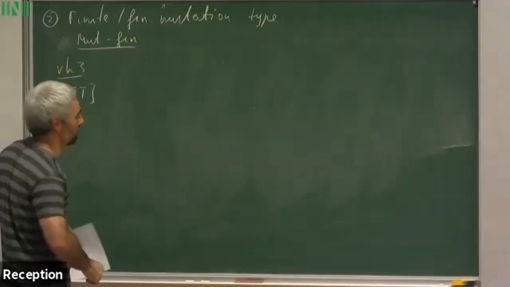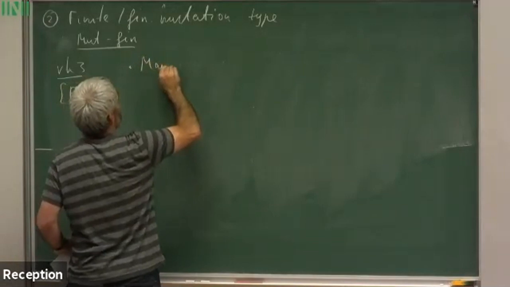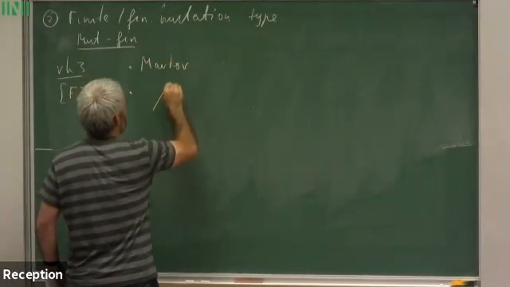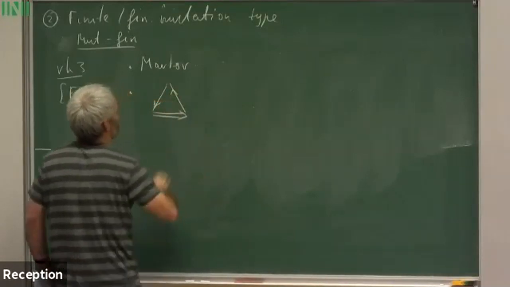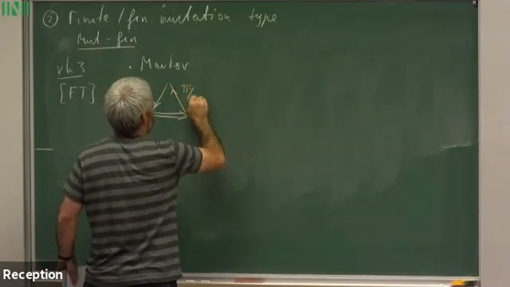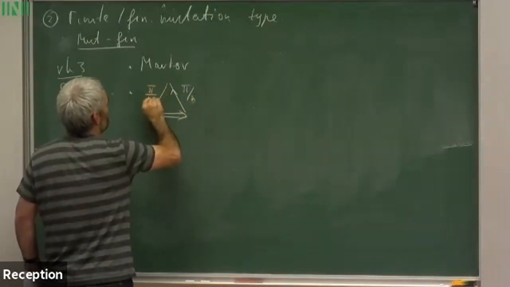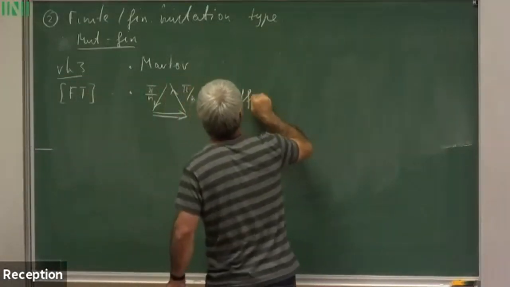So myself and Anna, we get the Markov quiver, a series of quivers, 2 cosine of pi over n, which we call affine.